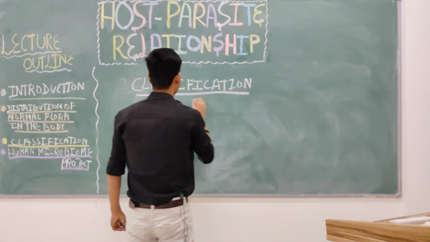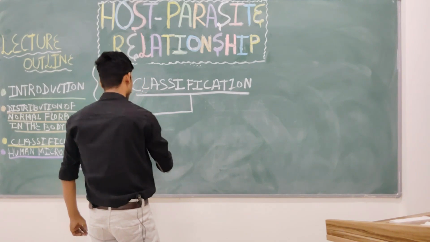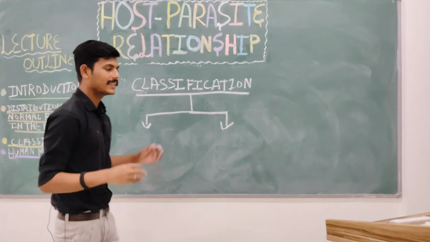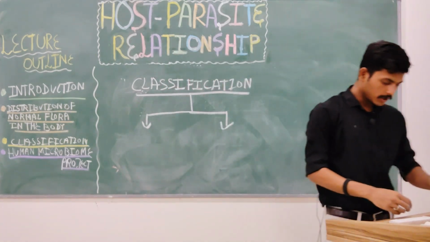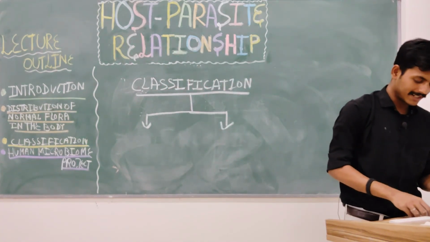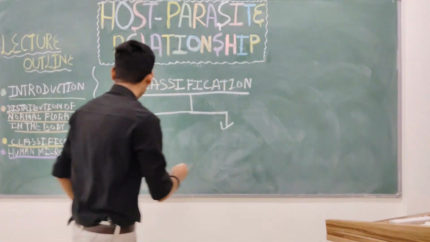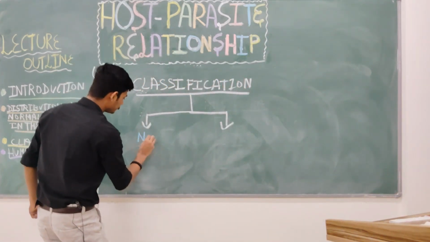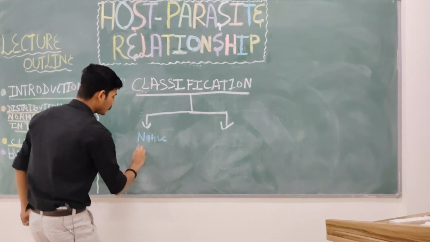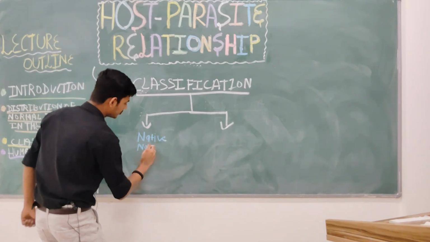Normal flora are classified into two categories. One category is native, or you can say natural resident.